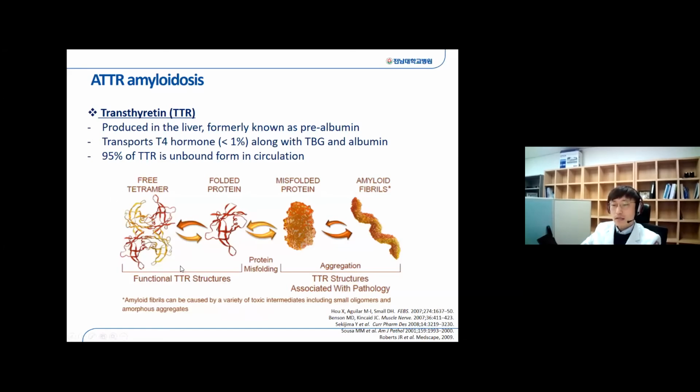But when the TTR is unstabilized, it can be broken into smaller oligomers, and then they can be misfolded and can form amyloid fibrils, which are accumulated in the peripheral nerves or the heart.